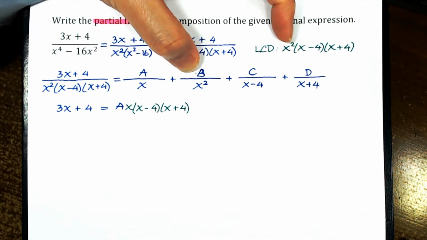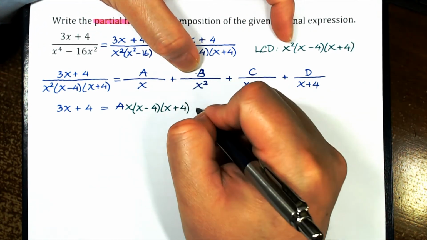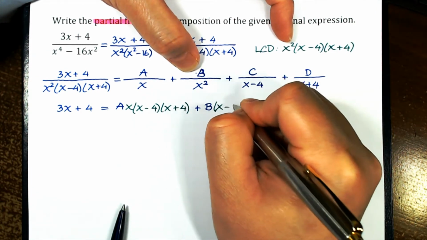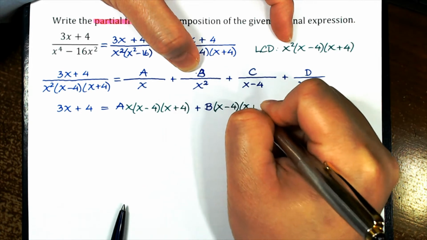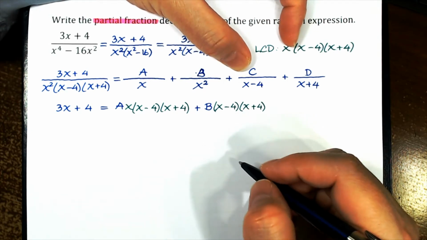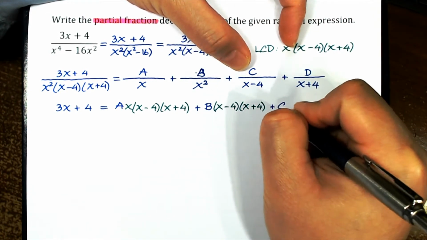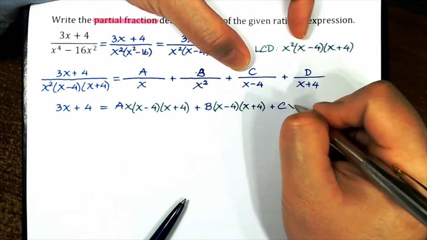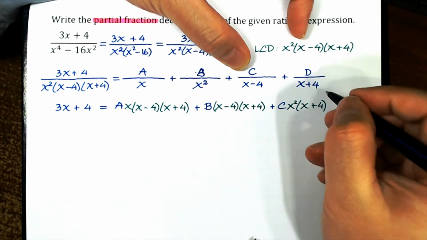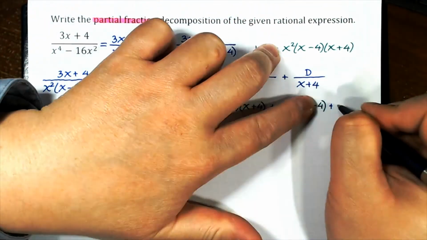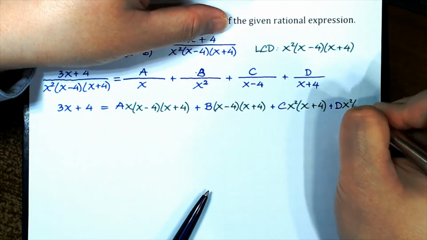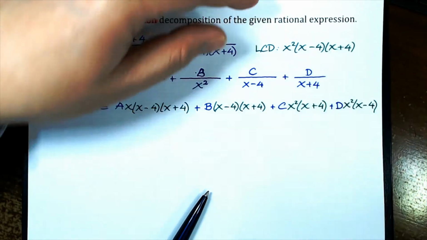Multiply b by these, the x squared cancels out, so we just have x minus 4 and x plus 4. Multiply c, x minus 4 cancels out, we still have x squared and x plus 4. And multiply d, x plus 4 cancels out, we have x squared and x minus 4 left.